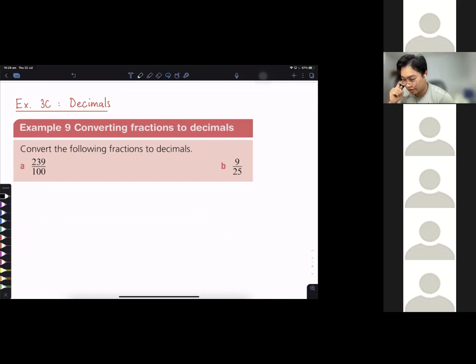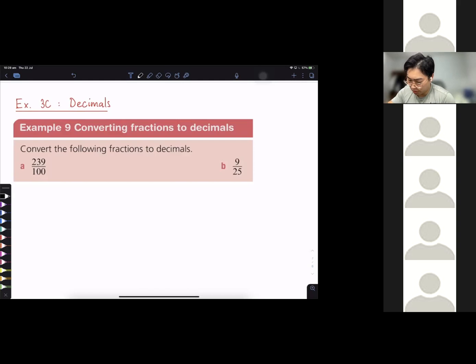So what did you notice about the denominator? The denominator is always a 10, a 100, a 1000, okay? So what that tells us is that we should try to get it into a 100 or anything with what we call a base of 10, yeah?